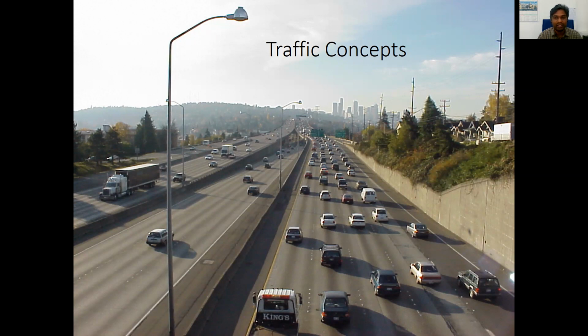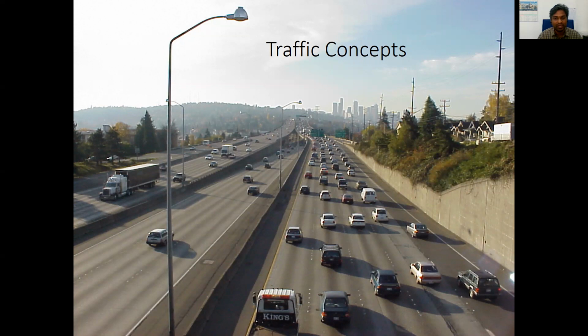So by understanding the fundamentals of traffic flow, we'll try to get the overall picture of the traffic flow. The overall picture, in the sense that we can get the capacity and the flow as well as the level of service of the particular traffic stream, and the delays and congestion occurring on the road, and so on.